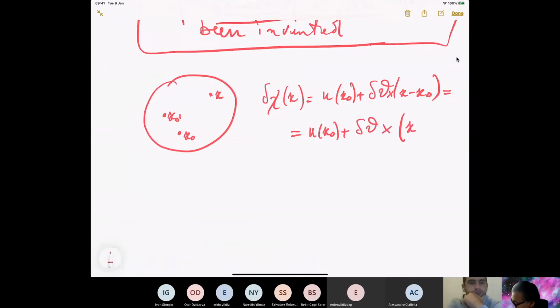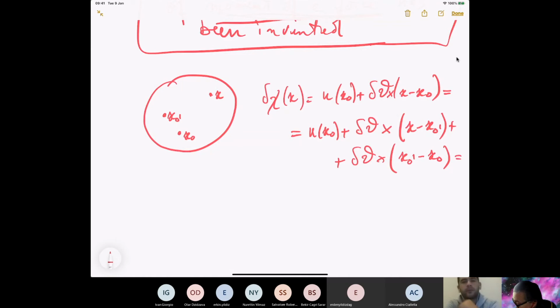You have x minus x0 prime plus delta theta vector, and you have x0 prime minus x0, because if you factor x0 prime, minus plus simplifies.